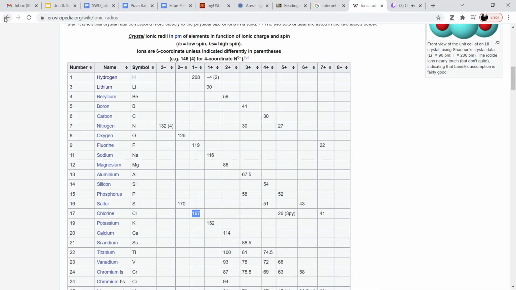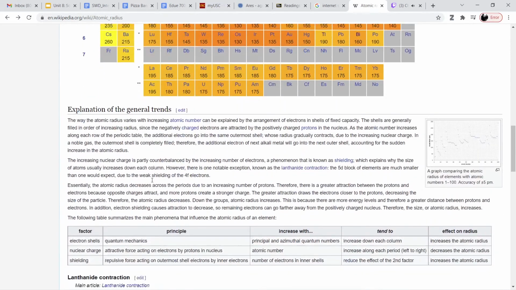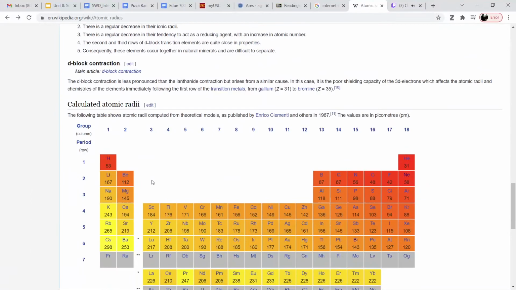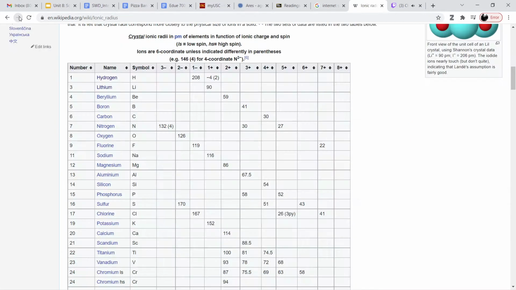Let's see what it used to be. No, these are covalent radii. This is the table we're looking at. It's gone from 79 to 167. So a huge increase.